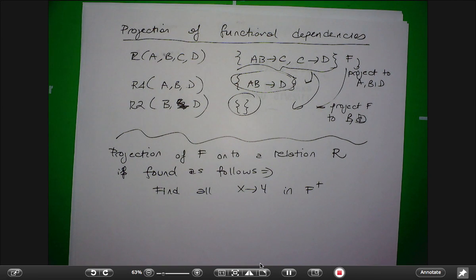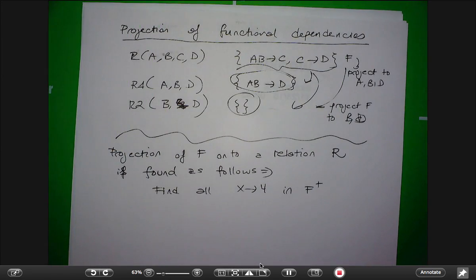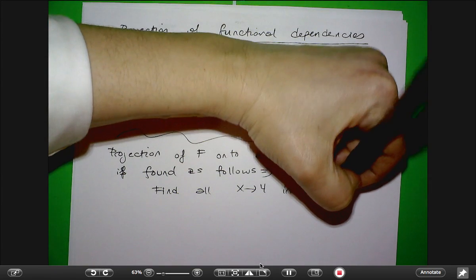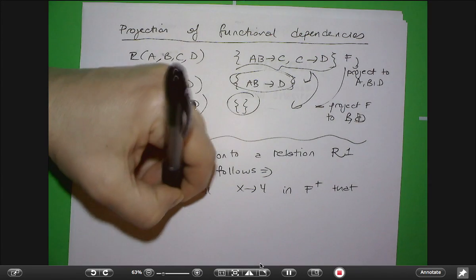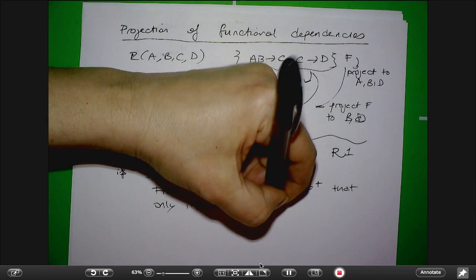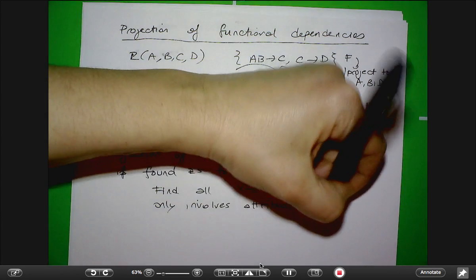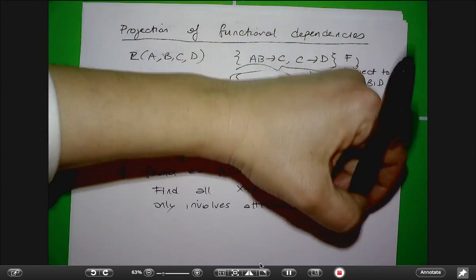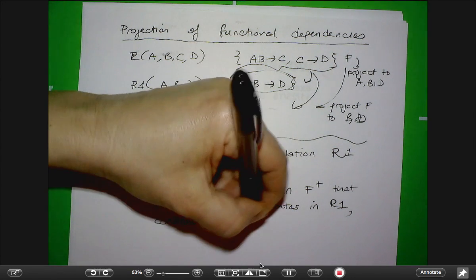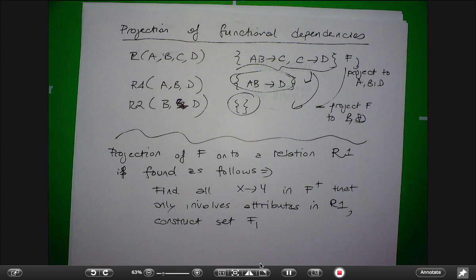Find everything that's in the closure that only involves attributes in R. Let's call this R1. Find all that only involves attributes in R1. Construct set F1. Then simplify F1 so that F1 is actually in minimal cover.